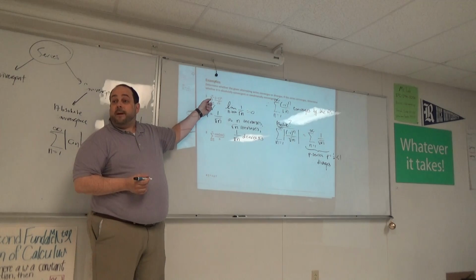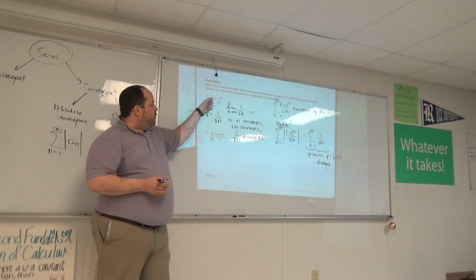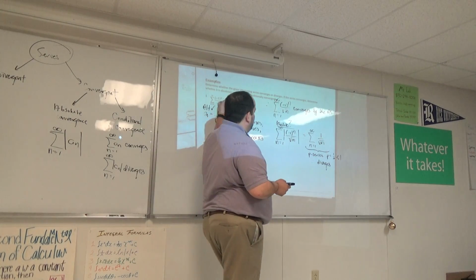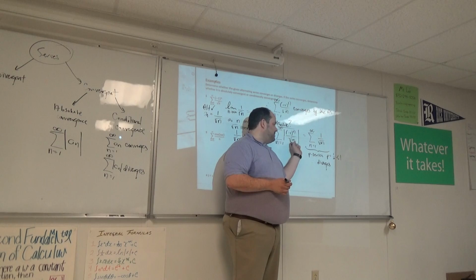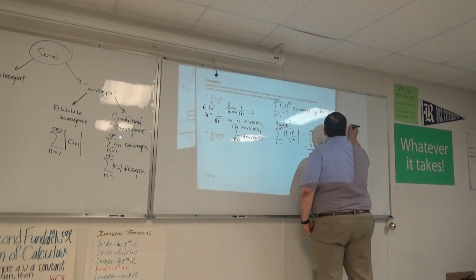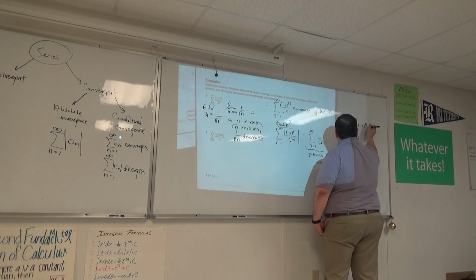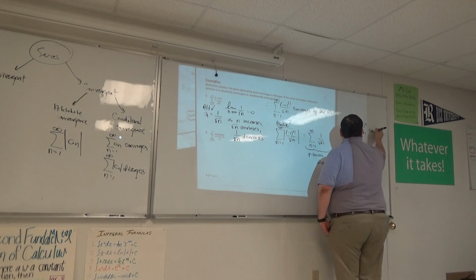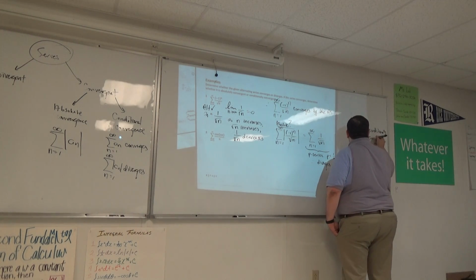So what would we say about the original series? Conditional. We know that the original series converged by the alternating series test, but when I take the absolute value, I get divergence. The conclusion is going to be, therefore, this series, n goes from 1 to infinity, -1 to the n over the square root of n, conditionally converges. Do I have to put "by"? Great question.